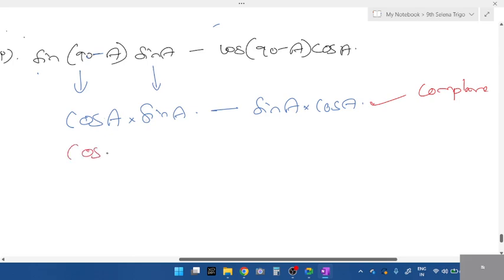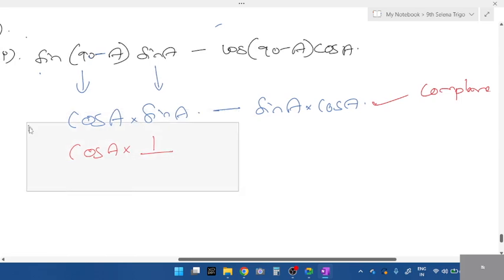I'll keep cos A as it is. We will reciprocate sine. What is the reciprocation of sine? How do you reciprocate? No, one minute. Cos.